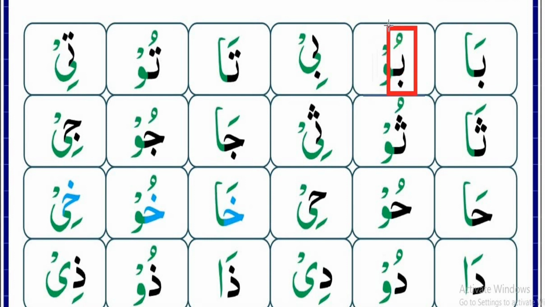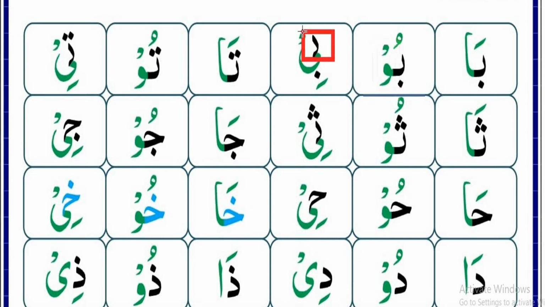If you read only the first letter, this is bu, like ba dhamma bu. But with the madda letter, ba waw dhamma, now the waw will stretch the sound of the previous letter. So without waw it was bu, and with waw it is bu.